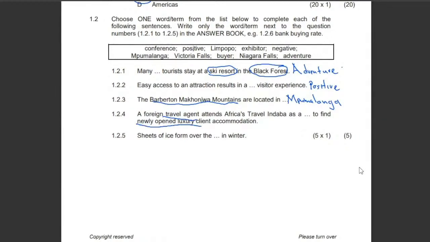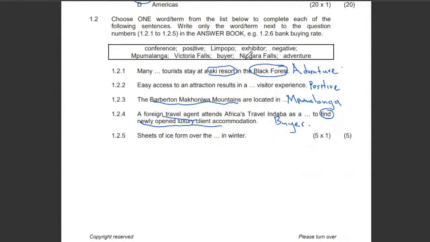To find a newly opened luxury client accommodation. He is going there in the capacity of a buyer, because he's trying to find accommodation. So our correct answer would be buyer.